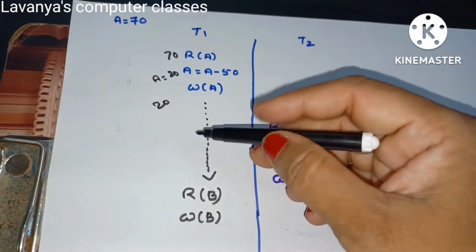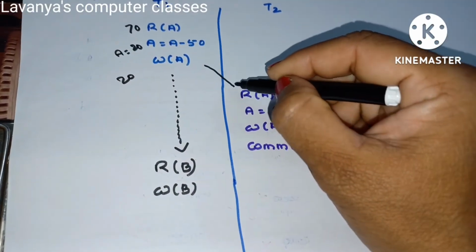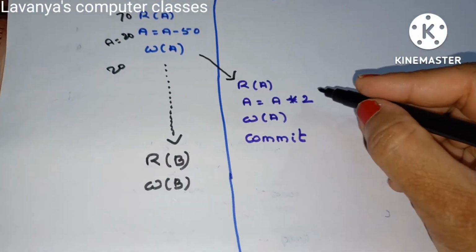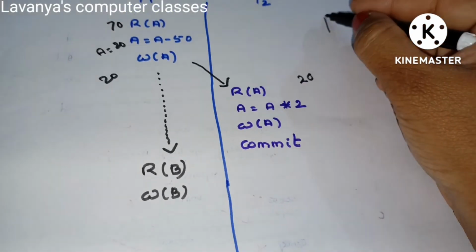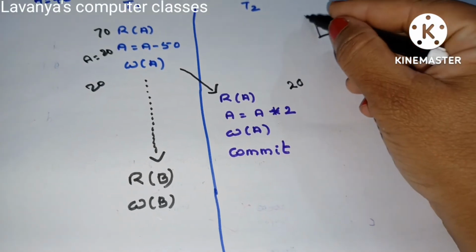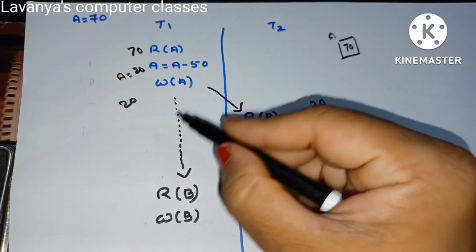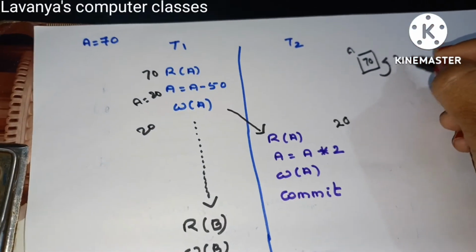Now, this transaction is still going on, but simultaneously, because it is a non-serial schedule, T2 is started. Here, read A. What is the A value here? A value is 20, because in the beginning, in the database, A value is 70, but whenever the write A command is executed, it is changed to 20.